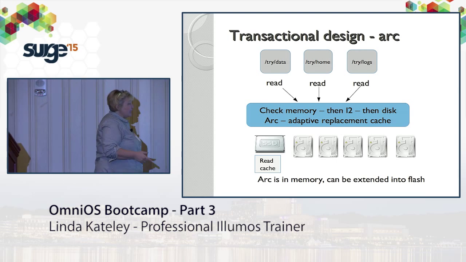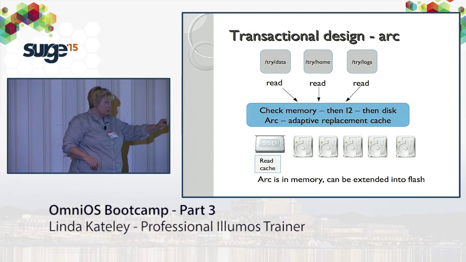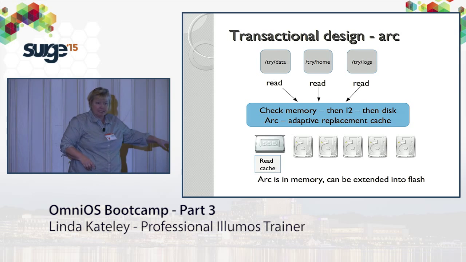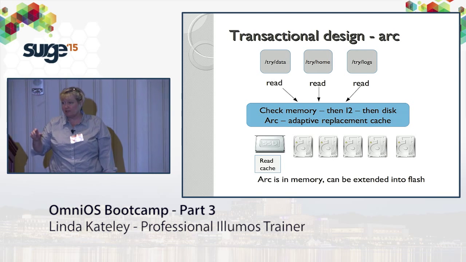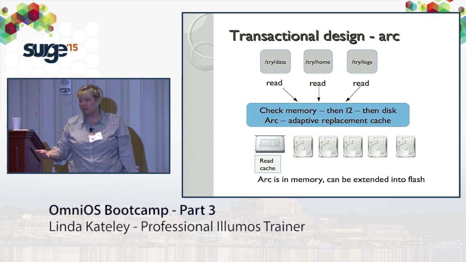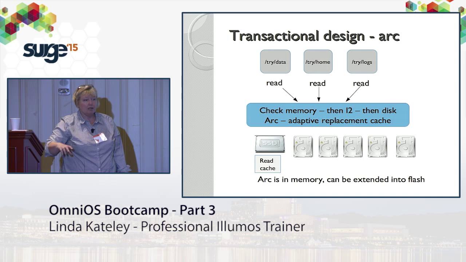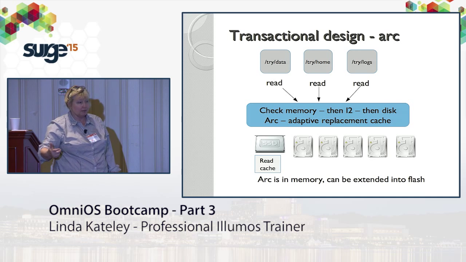Now I can also add additional cache out here using SSD. One of the things you should know is you can't just add unlimited cache. I usually use a number roughly 10x memory. So if I have 8 gig of memory, I probably don't want to go more than about 80 gig, maybe 160 gig, for the amount of L2ARC that I use.